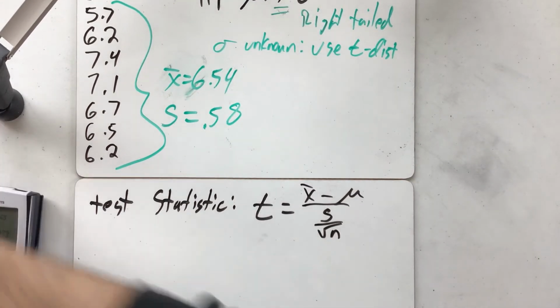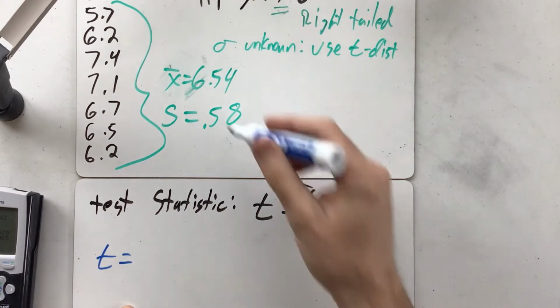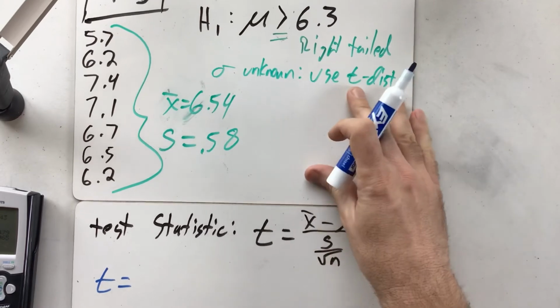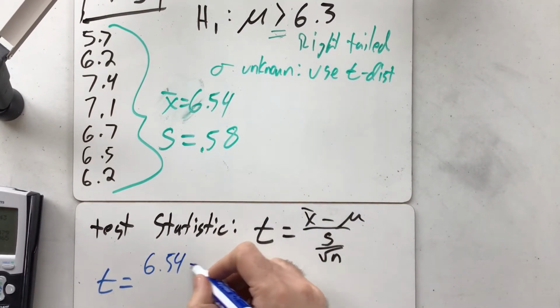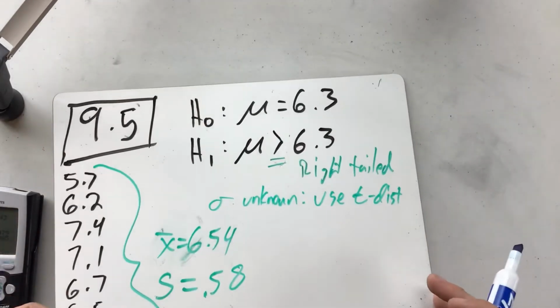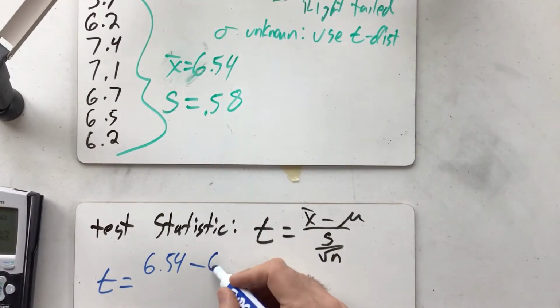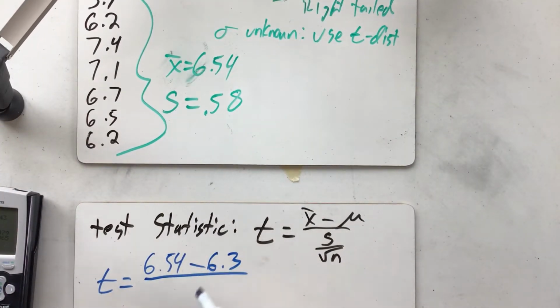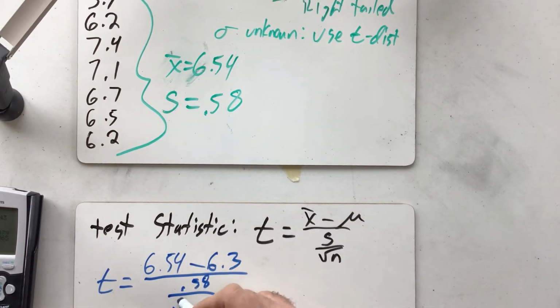X bar is my average from my sample, so X bar is 6.54. Mu is always from the null hypothesis, so mu is going to be this 6.3 that we started the whole problem with.